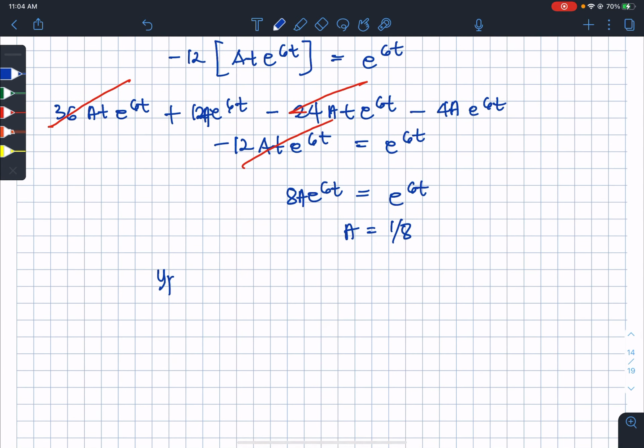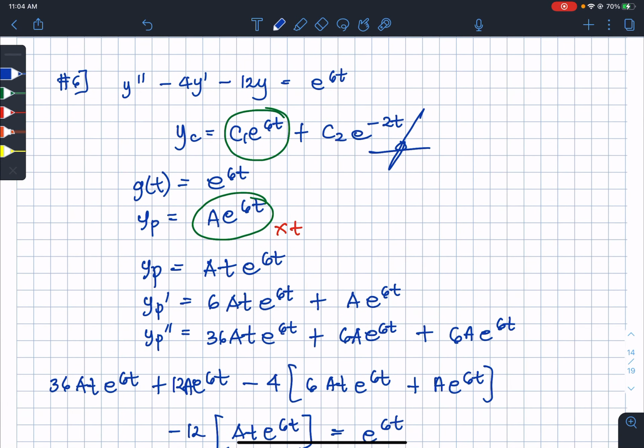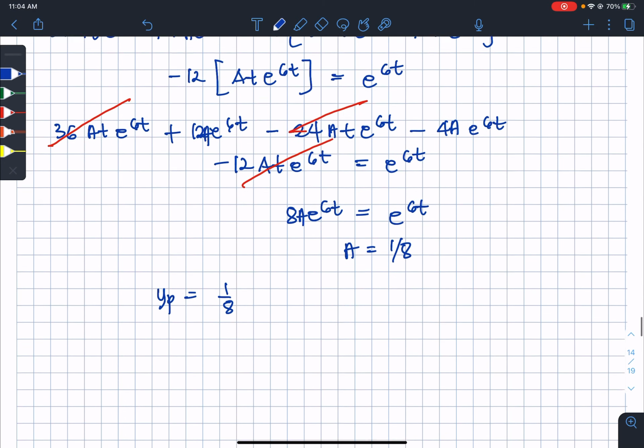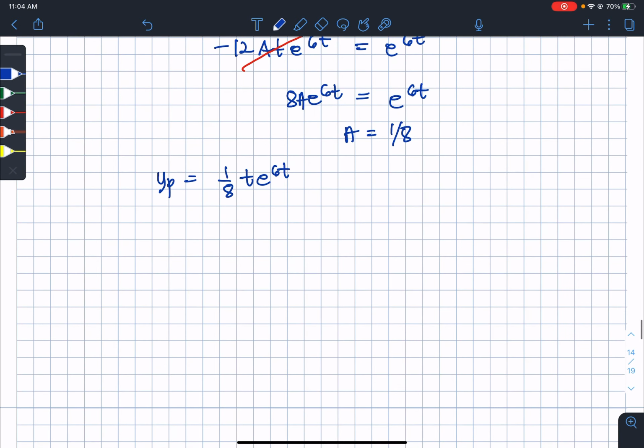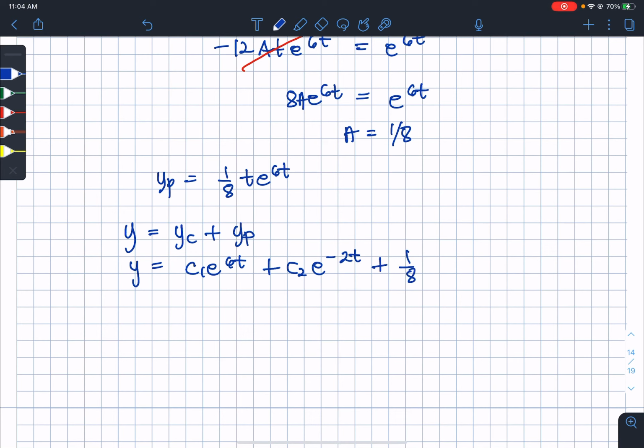So yp then would be 1 over 8 te^(6t). So y is equal to yc plus yp. So y is equal to c1 e^(6t) plus c2 e raised to negative 2t plus 1 over 8 te^(6t).